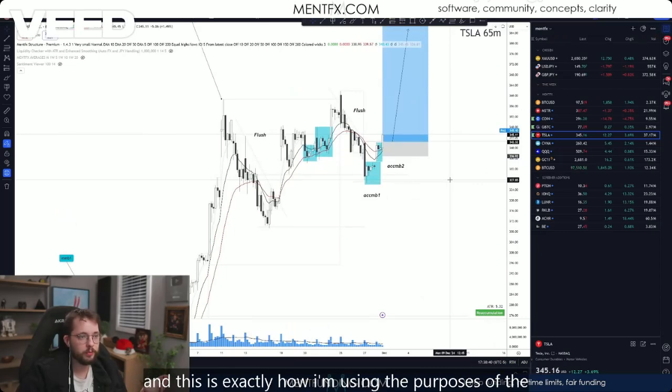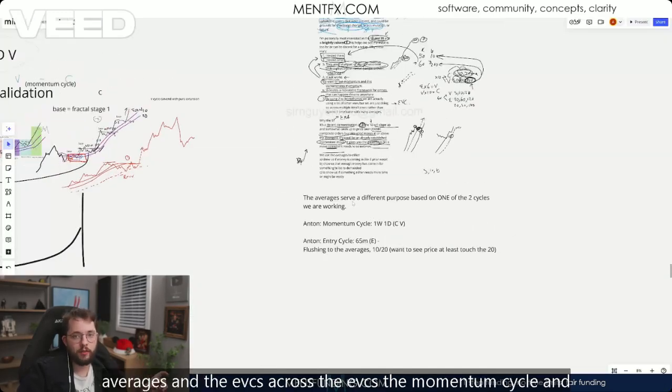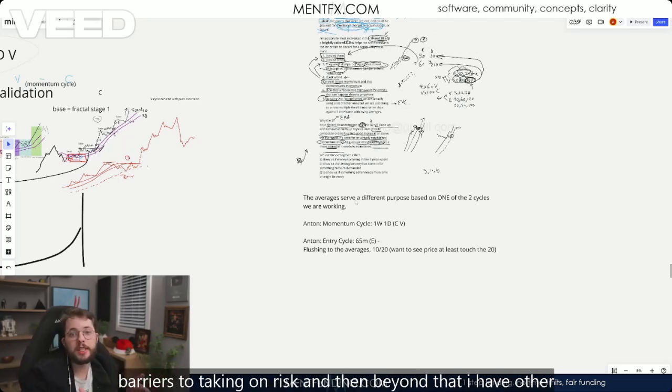Beautifully enough, this is exactly how I'm using the purposes of the averages and the EVCs, the momentum cycle and the entry cycle, to act as their own barriers to entry. They're barriers to taking on risk.